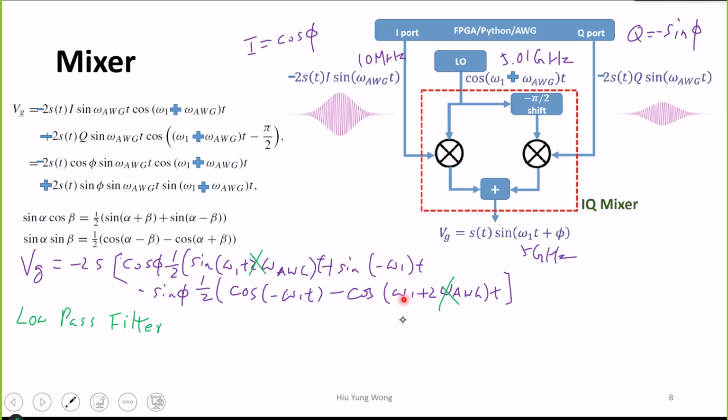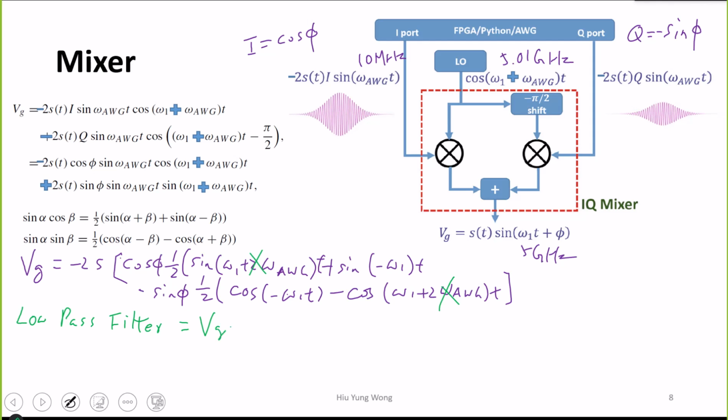Because this one has a higher frequency than omega_1. It's omega_1 plus 2 omega_AWG, right? This is 5 gigahertz, this is 5.02 gigahertz. It's difficult to remove when they are close, but there is another engineering solution, you can use single sideband or whatever, right? But I remove it, so what do I get?